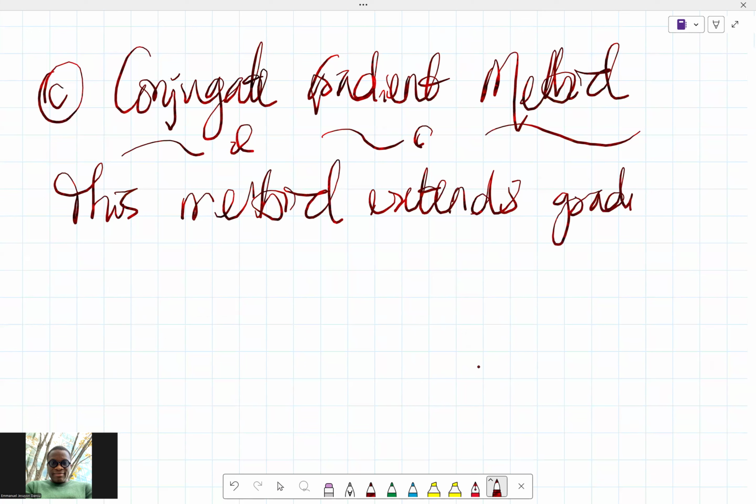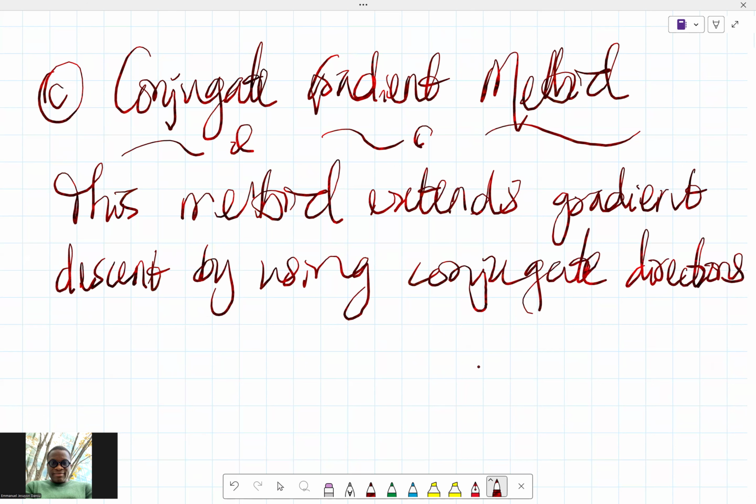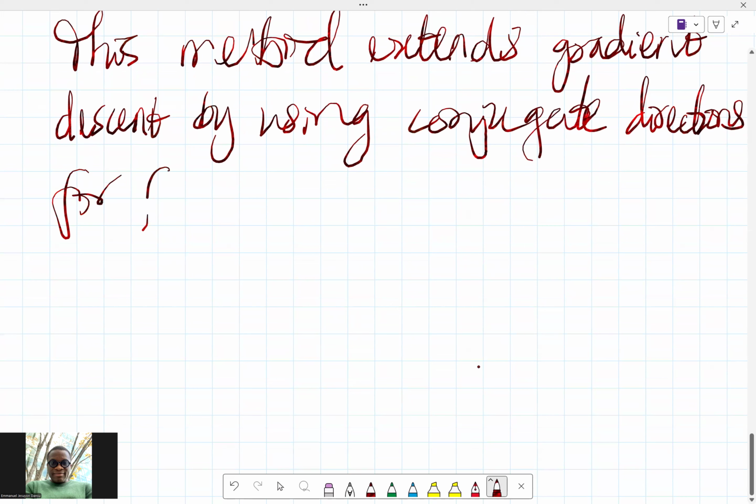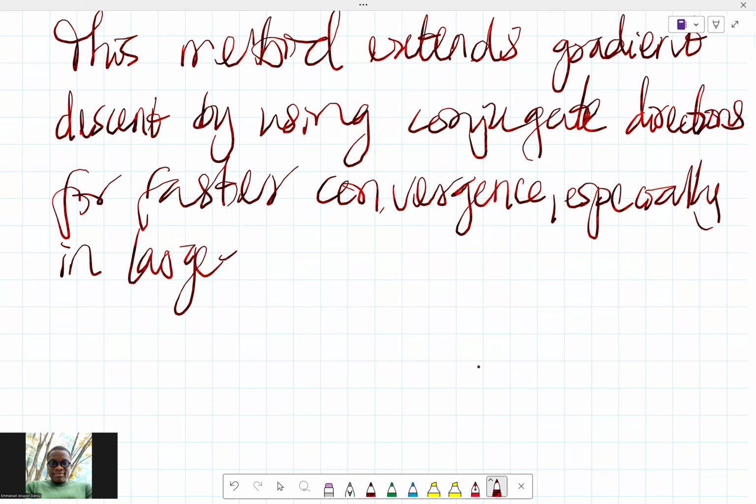It takes gradient descent further by using conjugate directions for faster convergence, especially in large-scale problems.